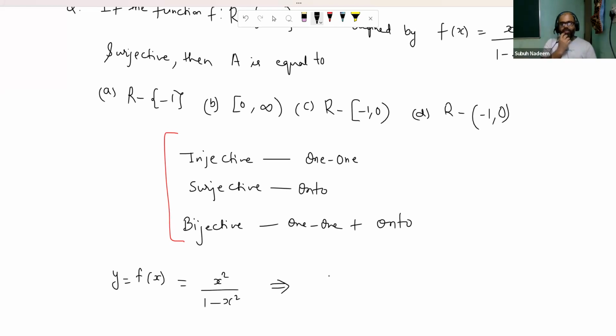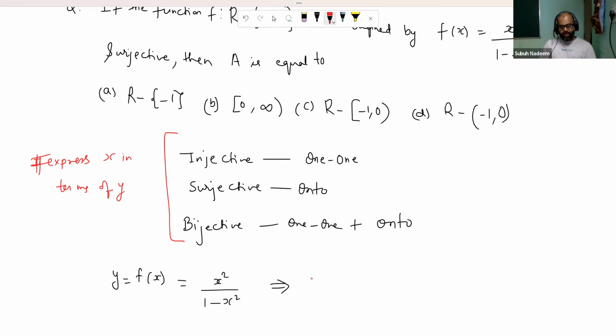Right now, one thing we have to keep in mind is that when we want to find the range, generally we express x in terms of y. Earlier it is given y in terms of x, so our first task is to express x in terms of y.